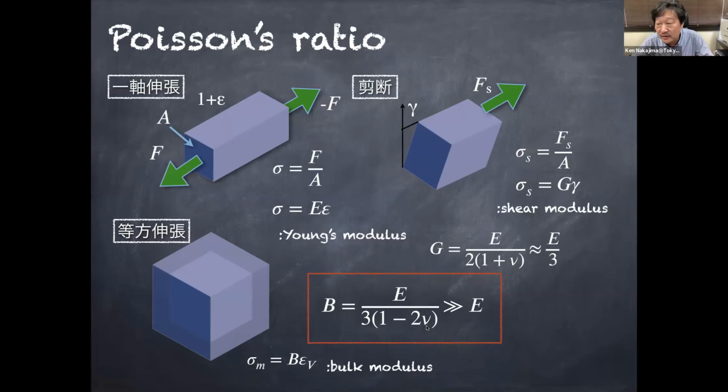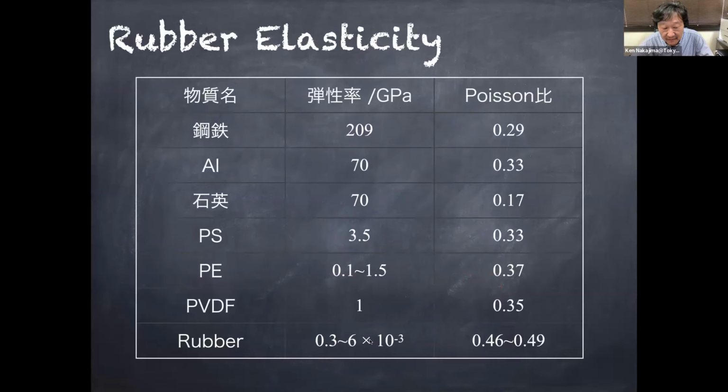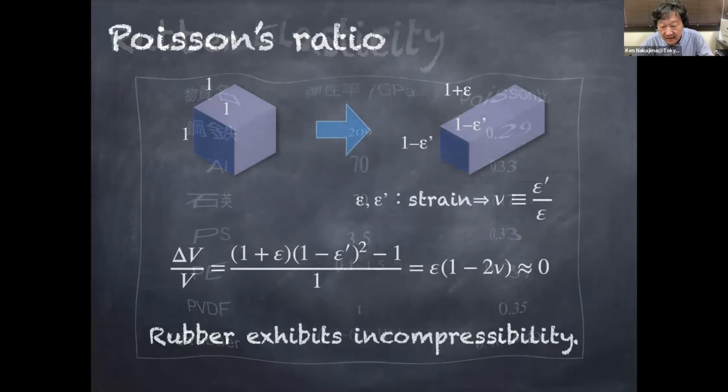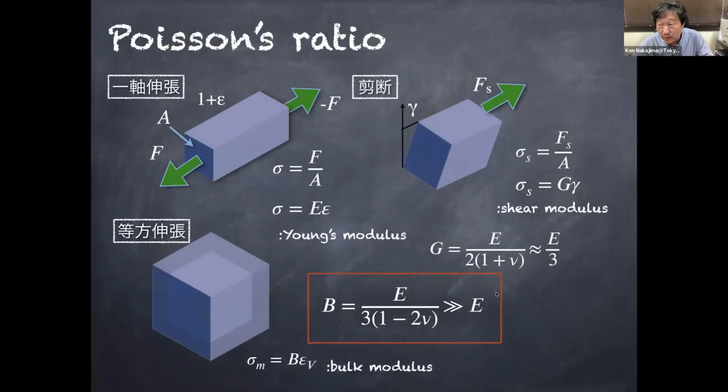B value goes to infinity. Of course, it doesn't happen because, as I wrote, rubber is not perfectly 0.5, depending on the material, but it can go to 0.4999 or something like that. That is the maximum value. So finally, what we can say is that at least the bulk modulus is much, much higher than Young's modulus.